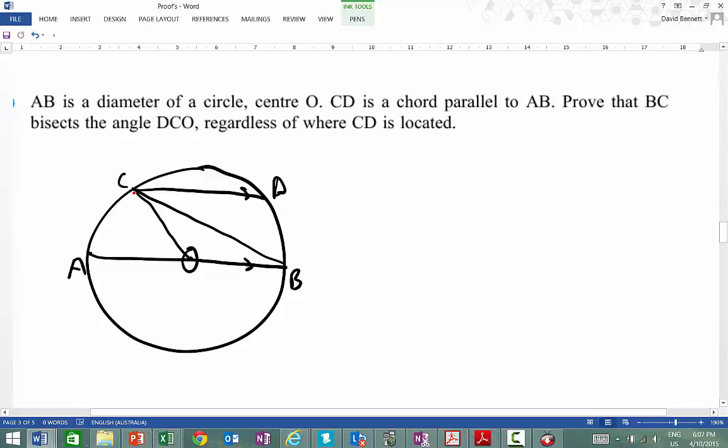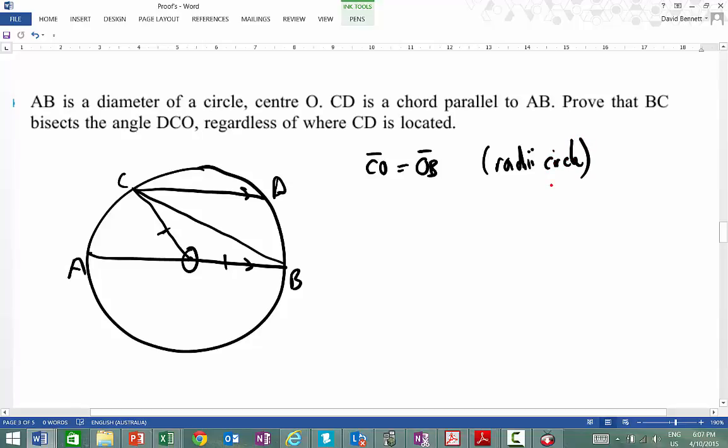Alright, so that's what we have to try and do. Now, what I'm thinking of is we could say something like CO equals OB, and they are radii of a circle.